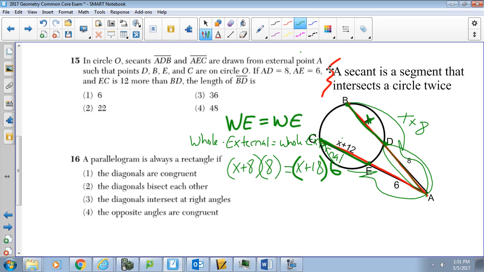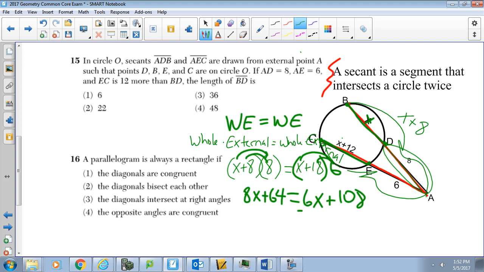All right, so now we go ahead and just solve for x. And BD is actually going to be our x. So we distribute. We have 8x plus 64 is equal to 6x plus 6 times 18, I believe that's 108, is that right? 108. 60 and 48 is 108.